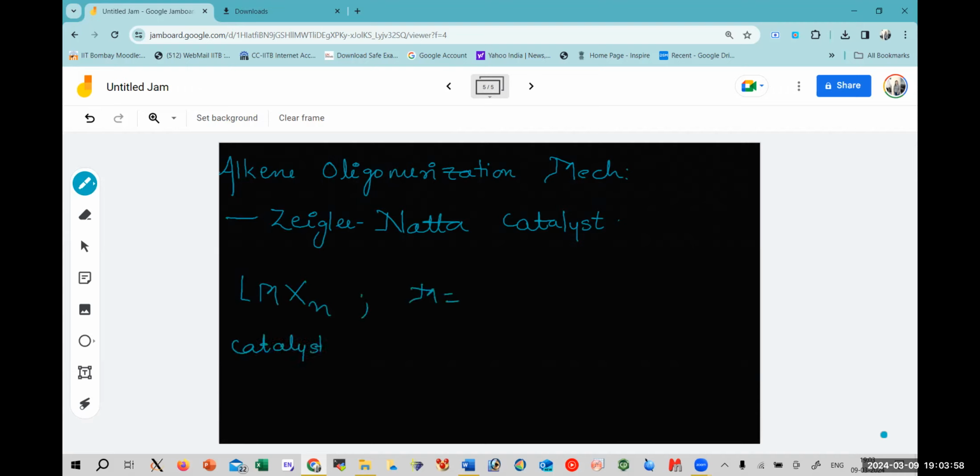if the metal is electron rich, a late transition metal, after manganese, then it would undergo oligomerization.